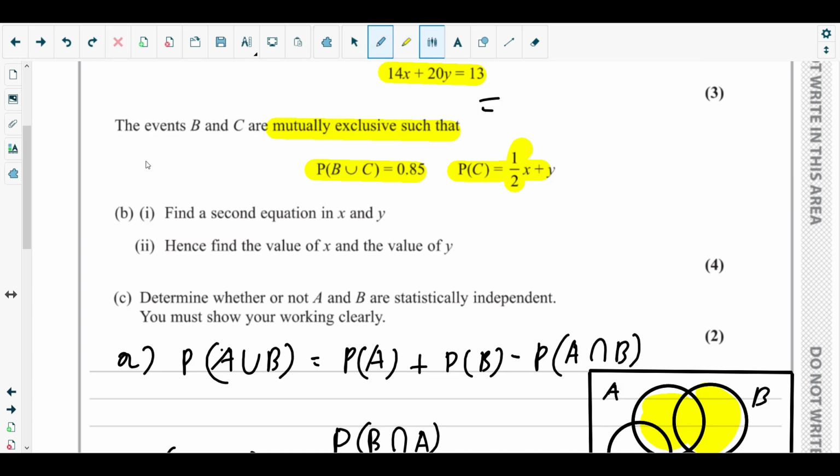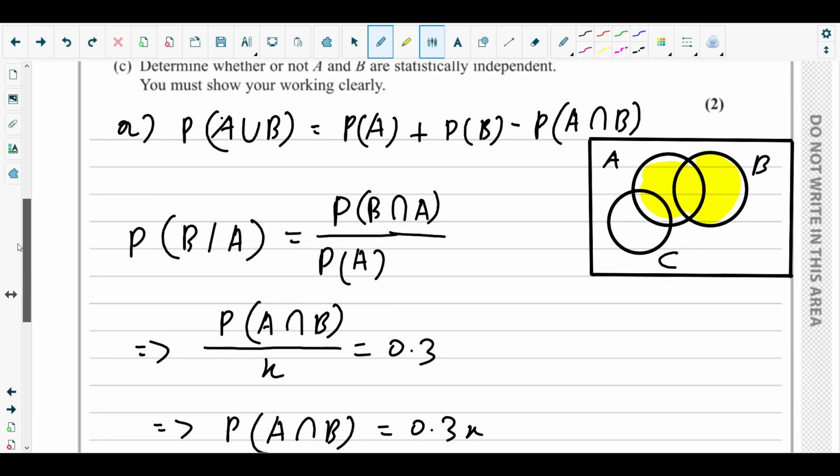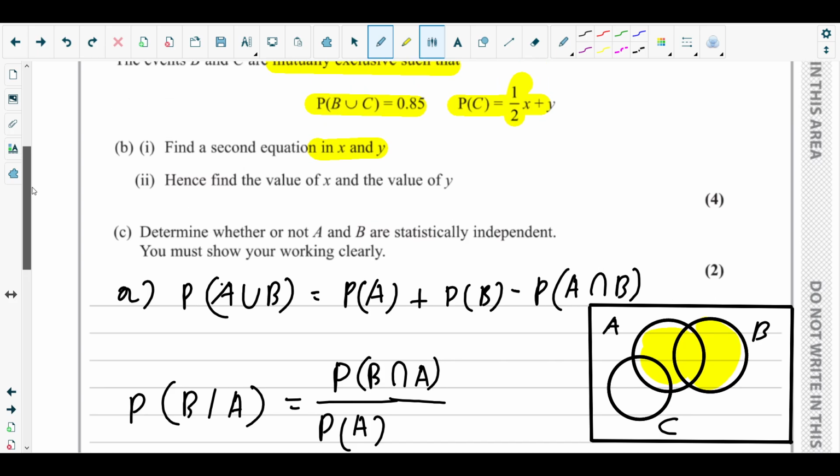Okay, for part B, 1, find a second equation in x and y. We need to find a second equation in terms of x and y. So B union C is given, right? And probability of C is given, and we know that probability of B is basically y.